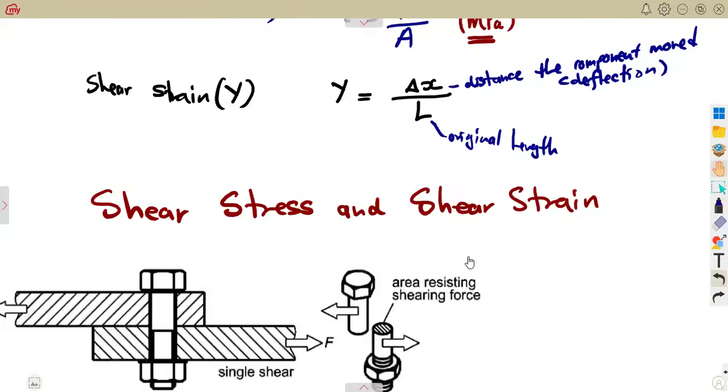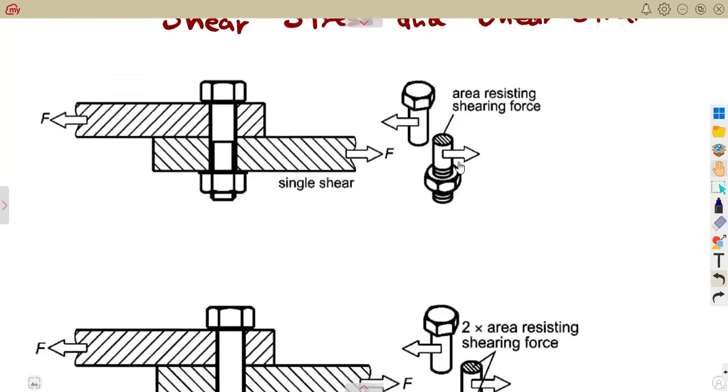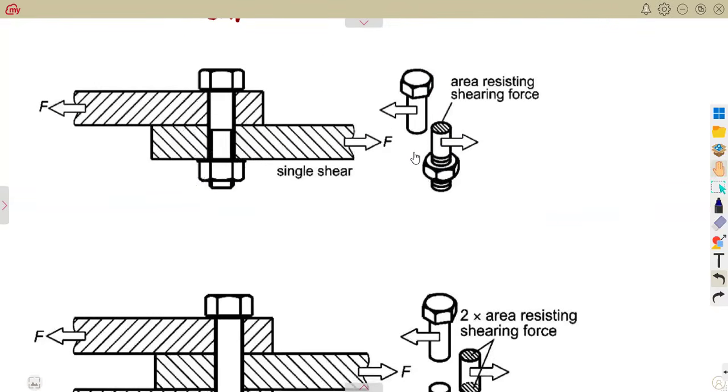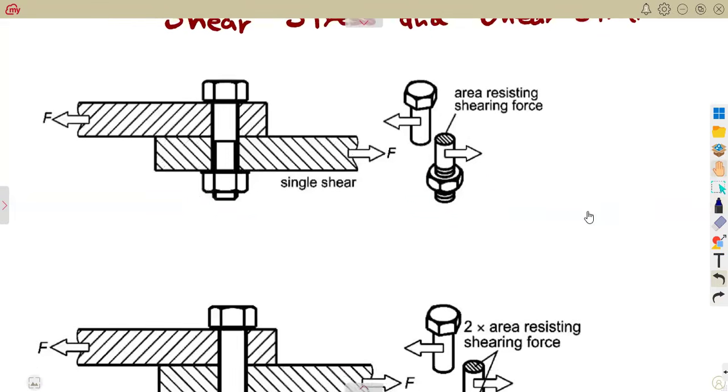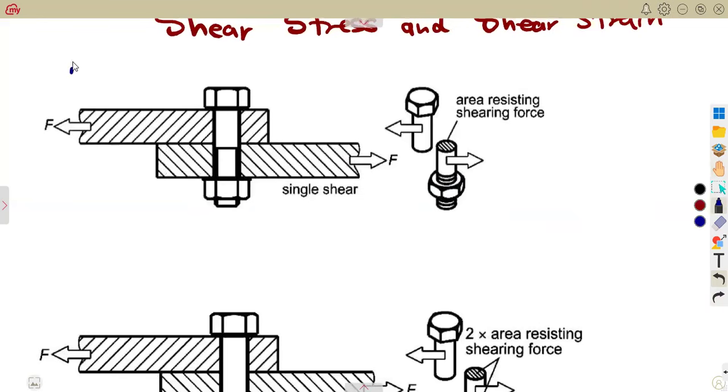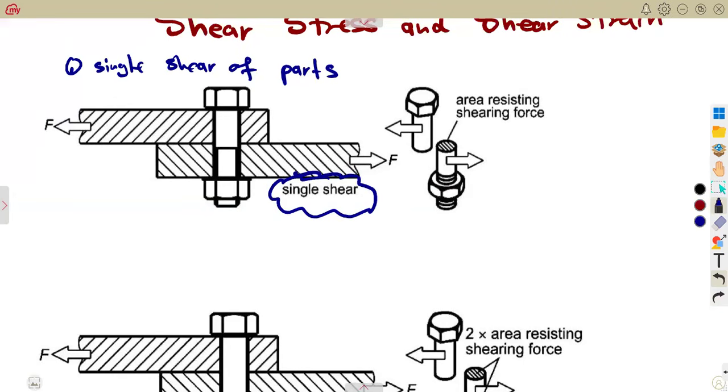And also in those calculations, we might see a condition where there is a single shear of parts, where we have a single shear affected. How does it affect our calculation?